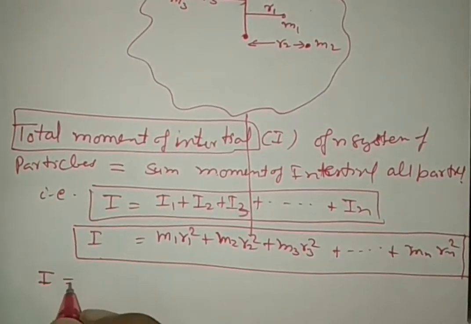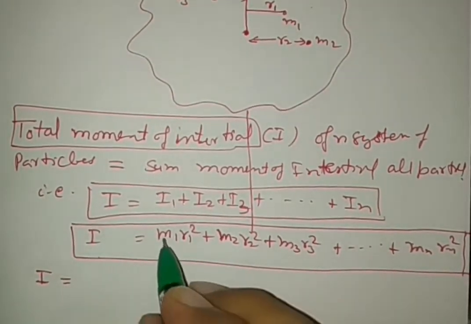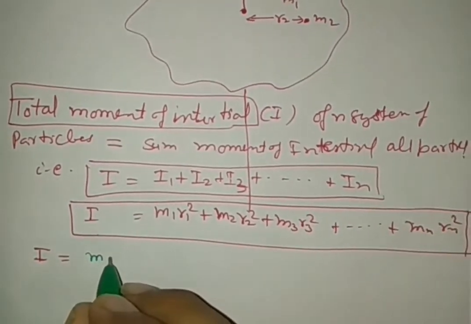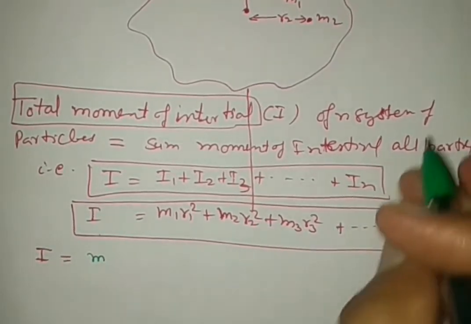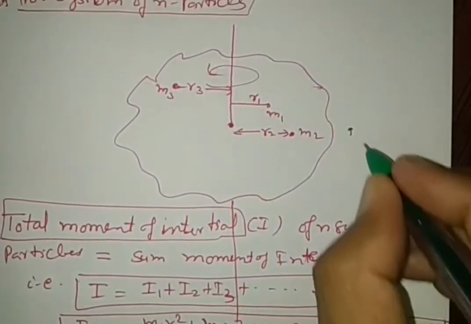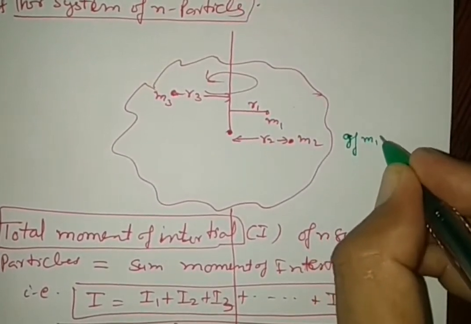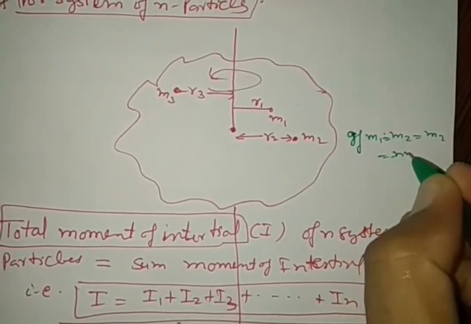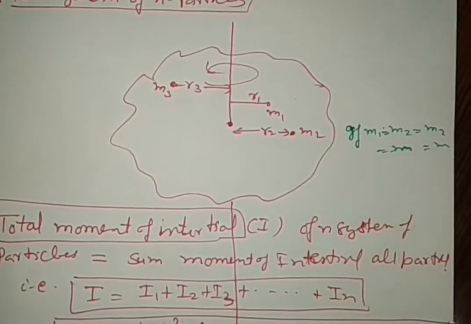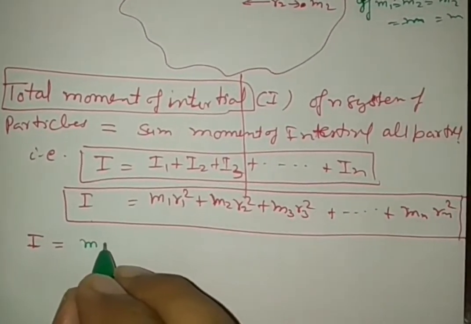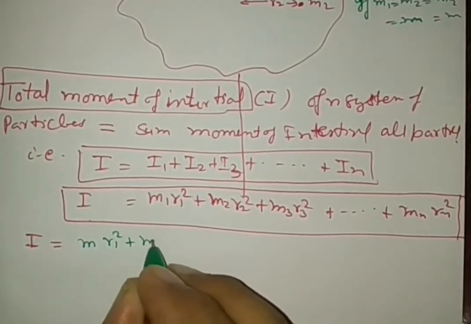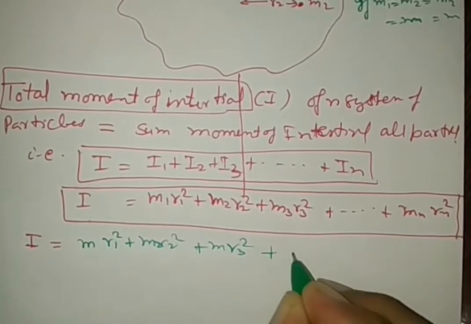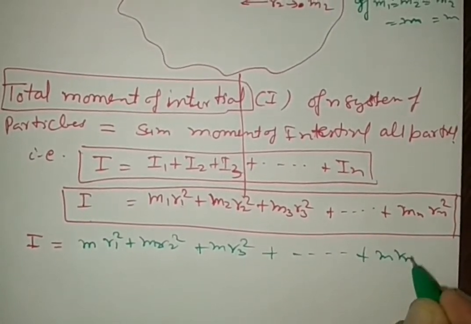The moment of inertia I can be written as follows. Here m is common. Consider the condition that all particles have equal mass m. Then the moment of inertia I is equal to m r1 square plus m r2 square plus m r3 square and so on plus m rn square.